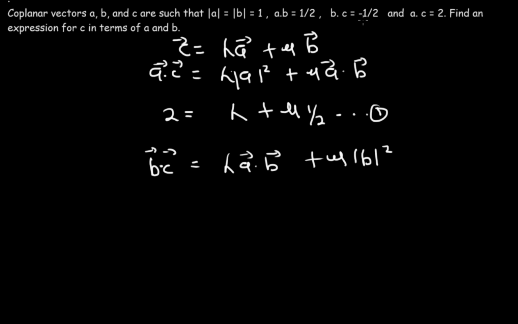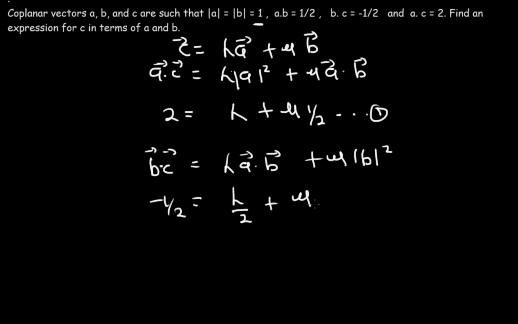Now we have B dot C as negative half, A dot B as half, so we have lambda on 2 plus mu times the magnitude of B squared, which is of course 1.